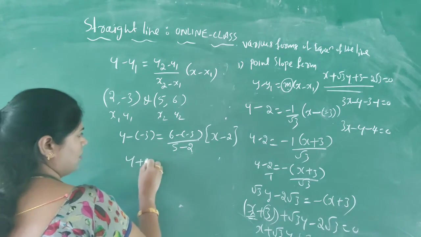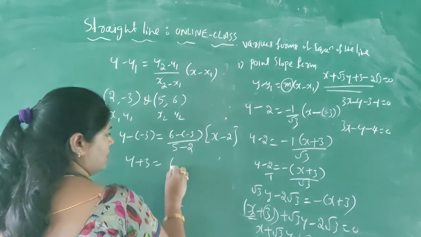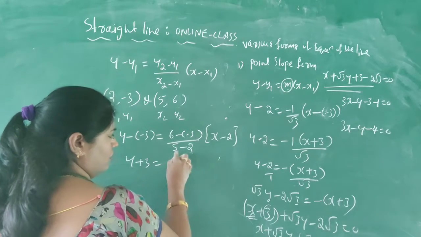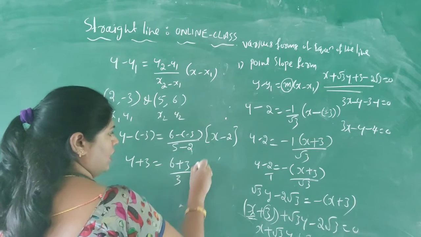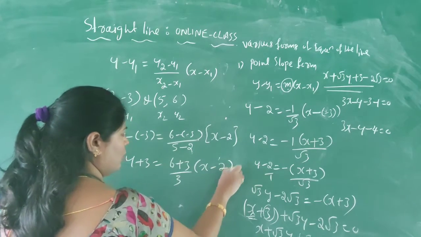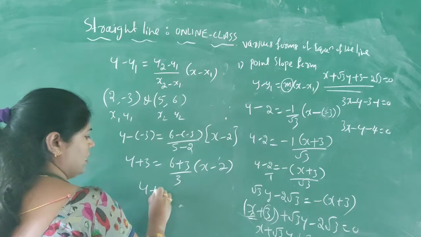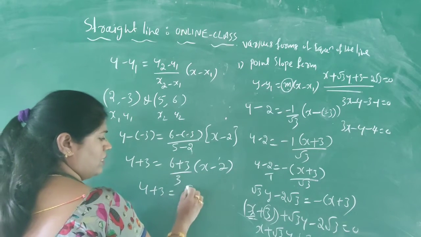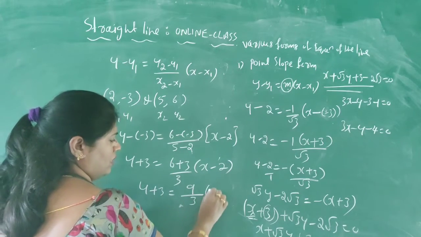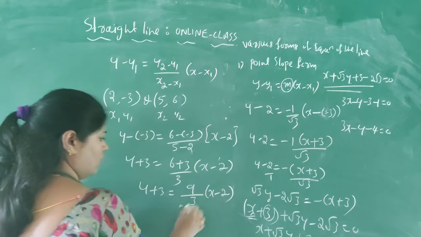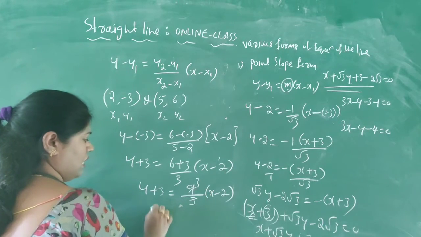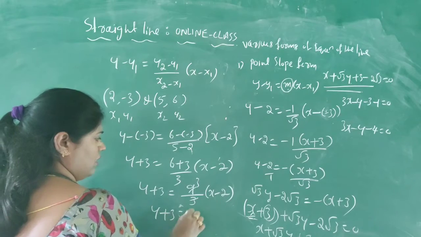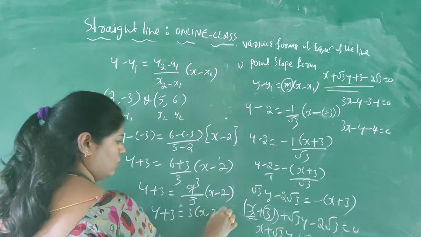So y plus 3 is equal to 6 plus 3 divided by 5 minus 2, which is 3, of x minus 2. So y plus 3 is equal to 9 divided by 3 of x minus 2, so y plus 3 is equal to 3 of x minus 2.